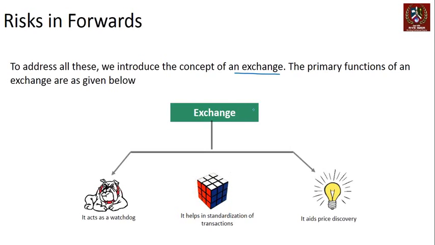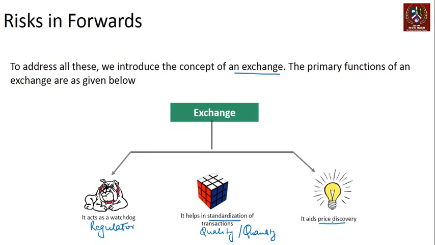The primary functions of the exchange are given as below. It acts as a watchdog. In other words, it's a regulator. It ensures that everyone fulfills their share of the promise. It helps in standardization of transactions, which means it defines what quality will come in. So quality and quantity get defined by the exchange.